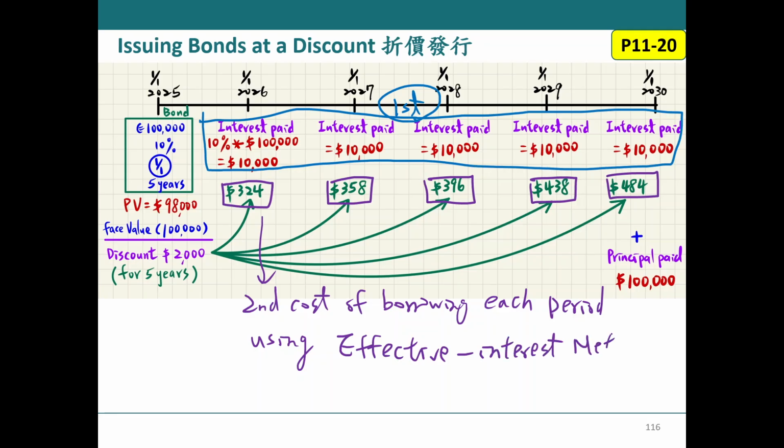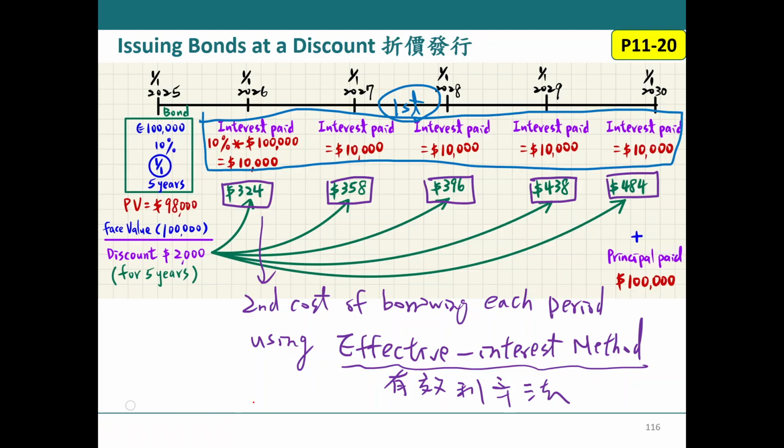有效利率法。Okay, so right now we are going to record our first cost of borrowing and at the same time record our second cost of borrowing. The whole process we call it what?